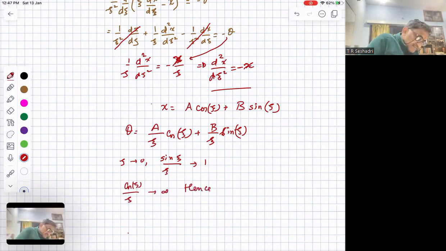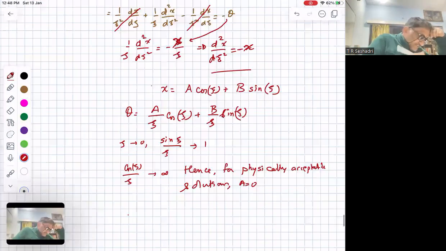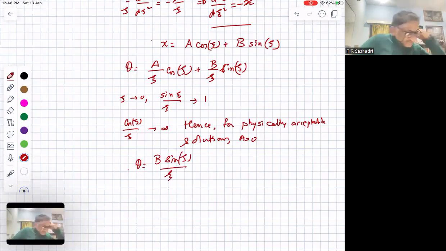Hence, for physically acceptable solutions, I need A equal to 0. And so I have theta equal to B sin xi by xi.